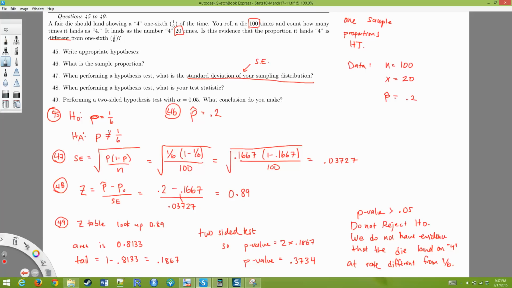Mr. Chen? On the exam, it's going to be pretty obvious to identify standard error because for number 47 it says standard deviation of your sampling distribution. How would you know that's your standard error? How would you identify that on the study guide? I just told you, so this is now a fair question. You're right. In the study guide, I tried to keep everything concise so it all fits on one page.